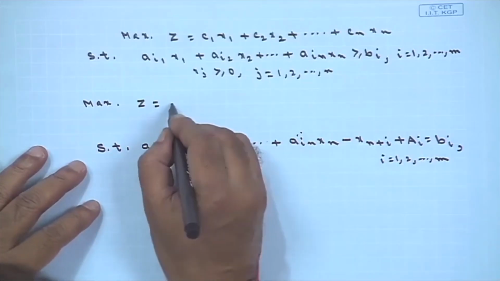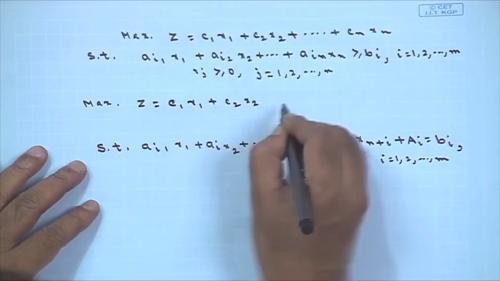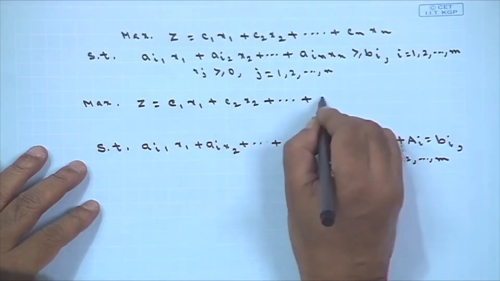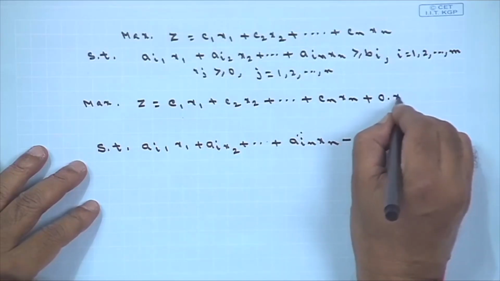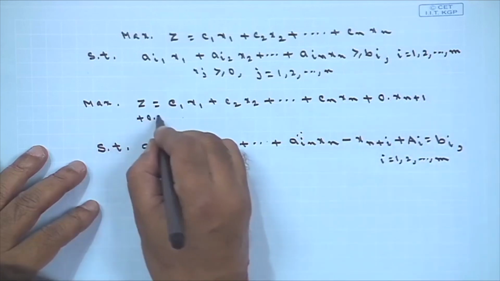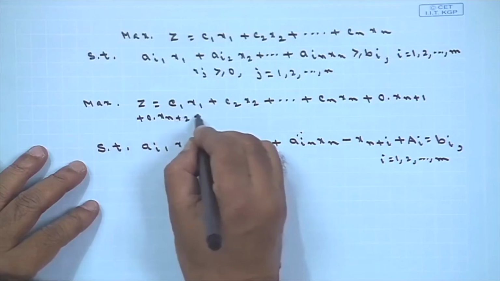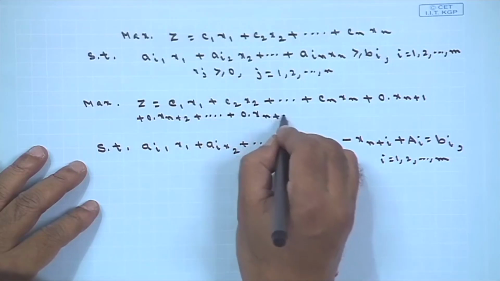So, your maximized function will be C1 x1 plus C2 x2 plus Cn xn plus 0 into x(n+1) plus 0 into x(n+2), like this way, 0 into x(n+m).